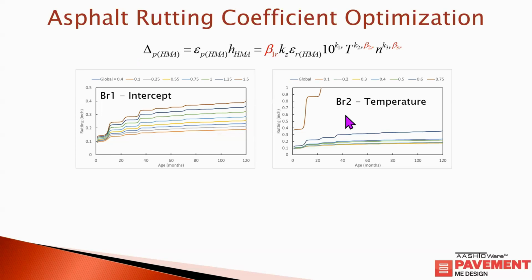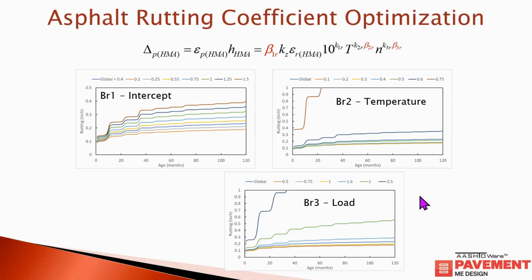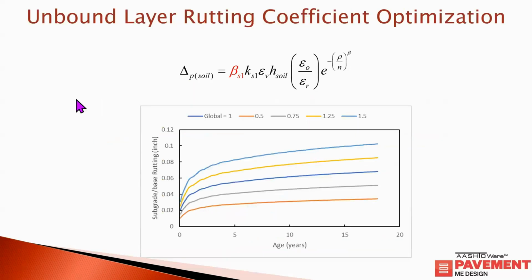Same thing for beta R2, increasing that coefficient also increases rutting. And then beta R3, the load repetition related coefficient also increases rutting as the coefficient is increased. And this is showing the one for the beta S1 for any unbound layer, whether it's base or subgrade. Increasing this coefficient increases the predicted rutting.